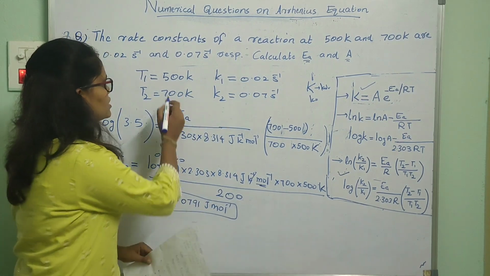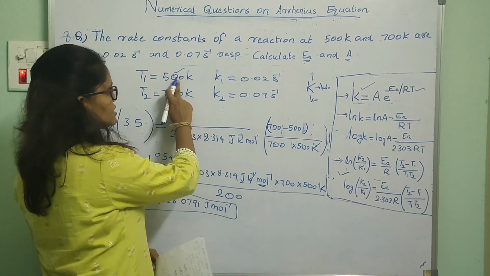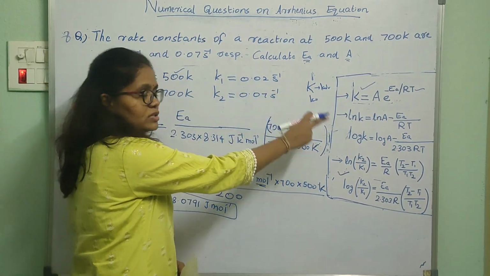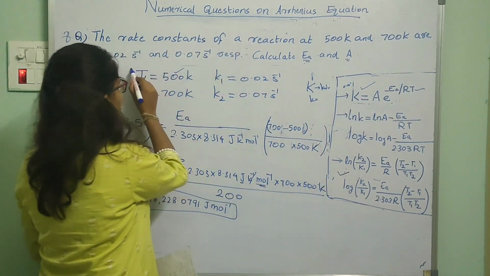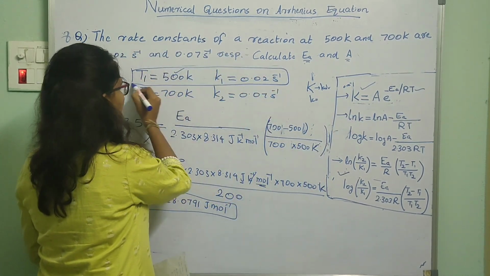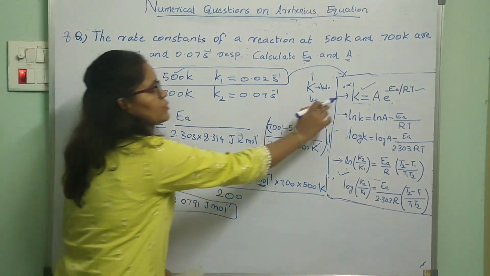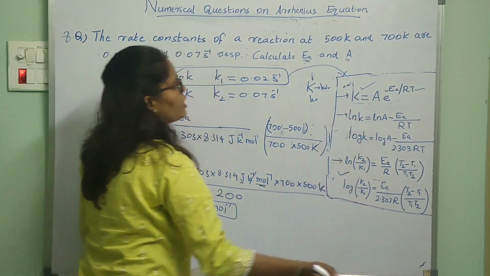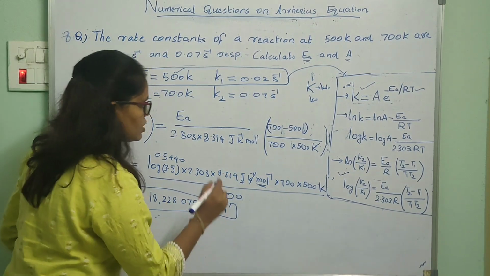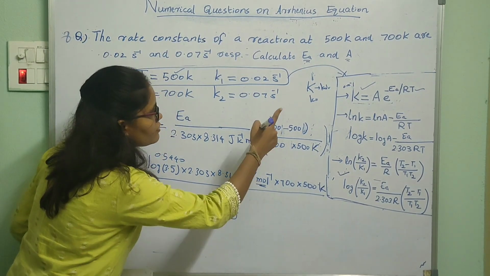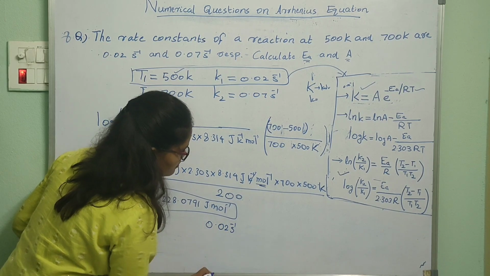So I am going to use the temperature as 500 Kelvin in this equation and its corresponding rate constant as 0.02 second inverse. I am putting these two values and activation energy in this equation to get the value of A. You can also put the other two values, and the answer will be the same. So K is 0.02 second inverse.